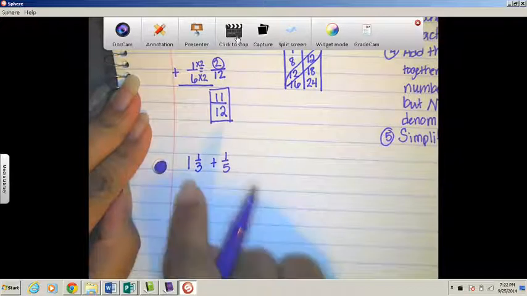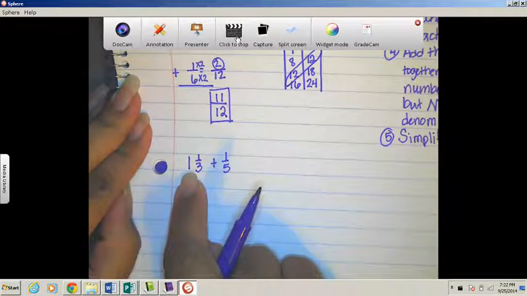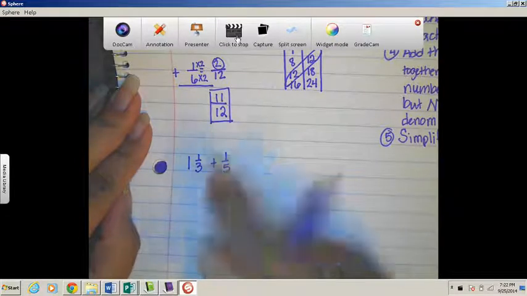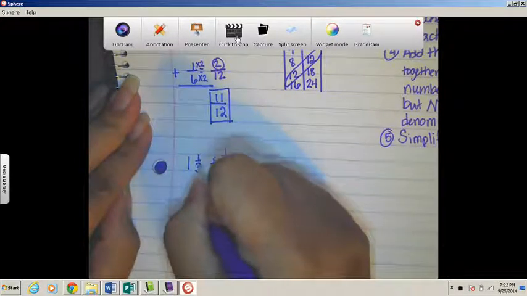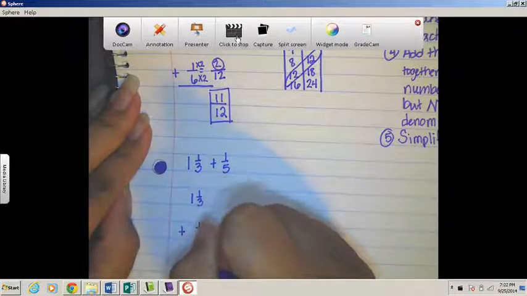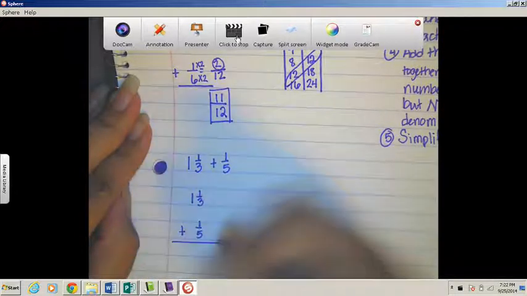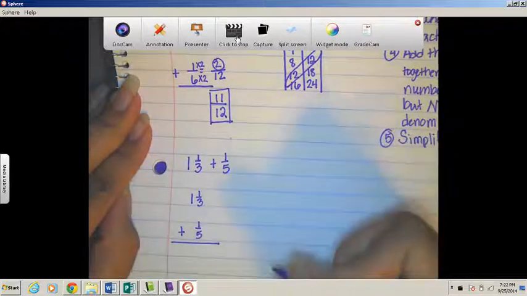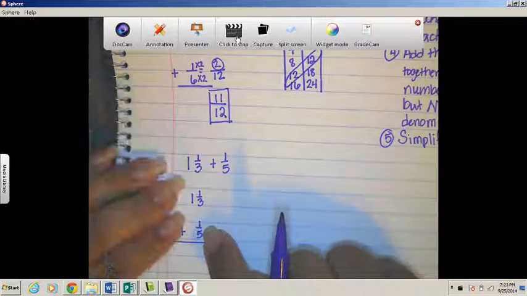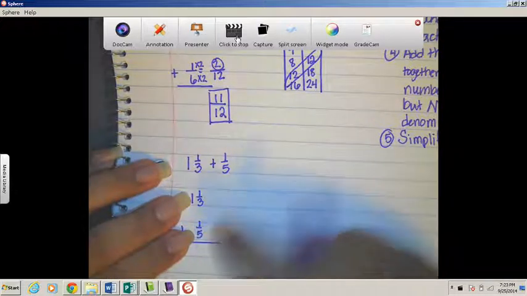Here we have a mixed number. We're still adding, so we write them vertically. 1 and 1/3 plus 1/5. Write vertically, find your LCM. The denominators are not the same, so I'm going to find the least common multiple.